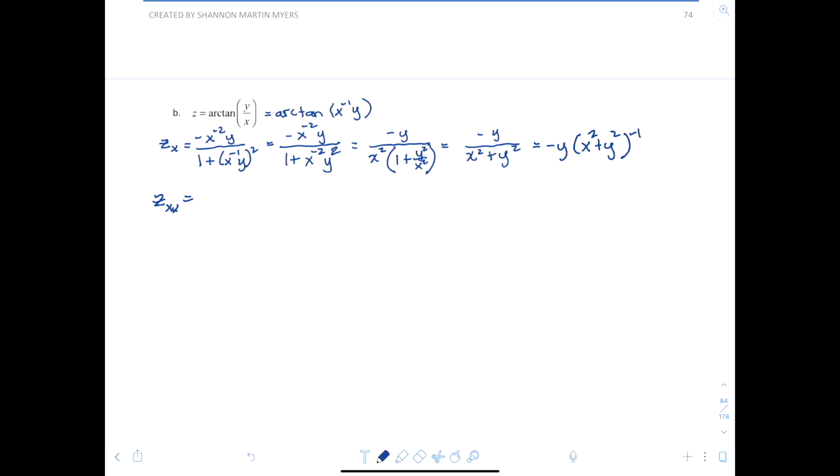We'll end up having negative 1 times negative y is positive y, and then we're going to have x squared plus y squared to the negative 2, differentiating the inside of those parentheses with respect to x, we'll have times 2x. So zxx will end up being 2xy over x squared plus y squared squared. Cool? All right, so how about zy?